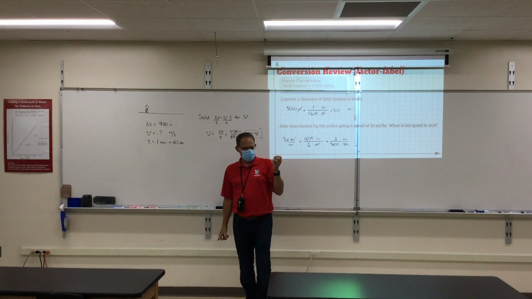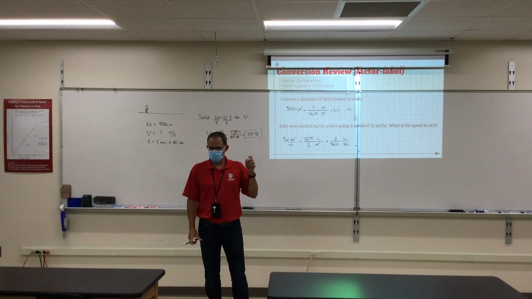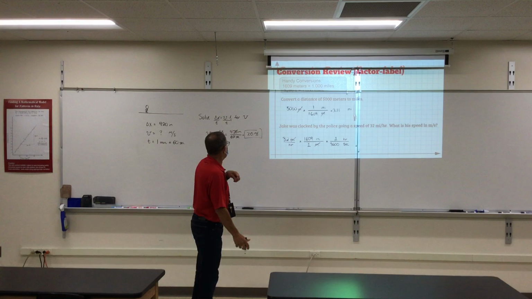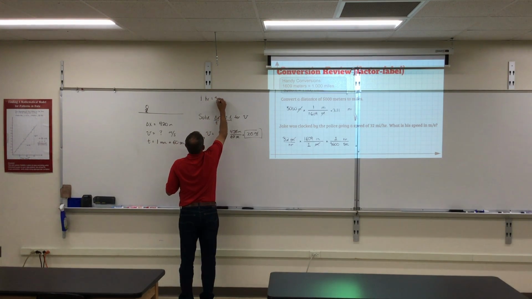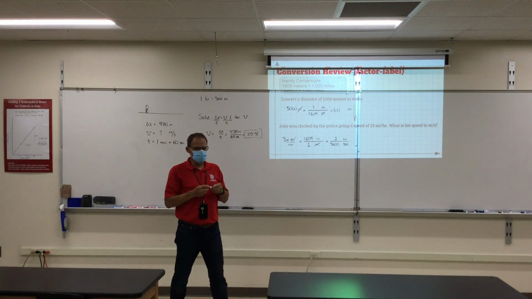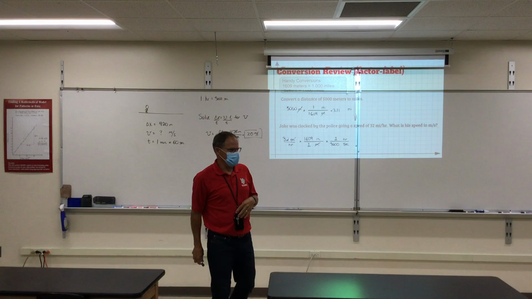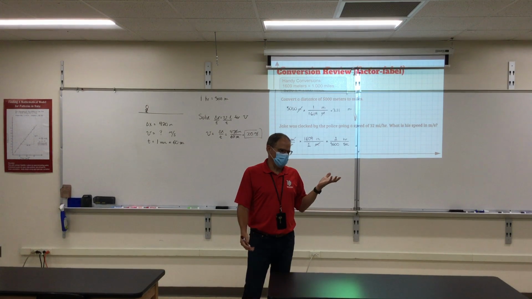If you don't think you'll remember that, put in your conversions. Right? 1 hour equals 3,600 seconds. Totally fine. If you think you remember that, don't put it in there. How many inches in a foot? Yeah, you probably don't need to write that one down, right?